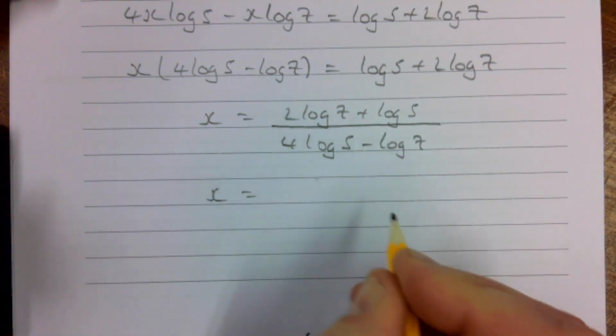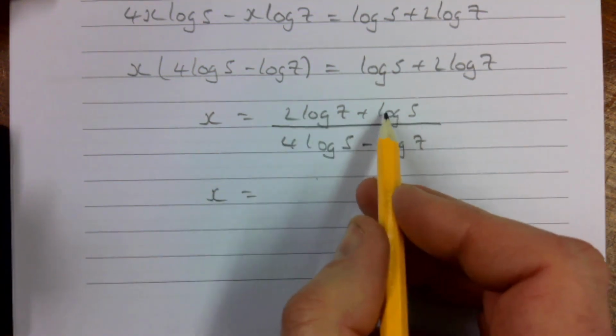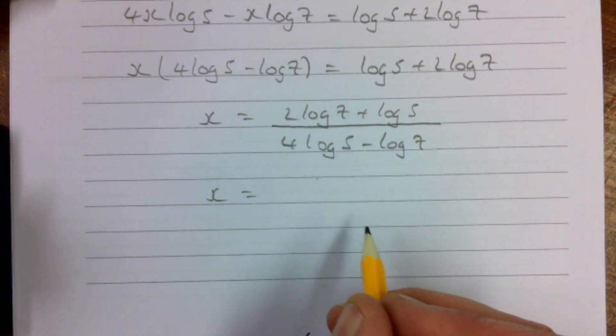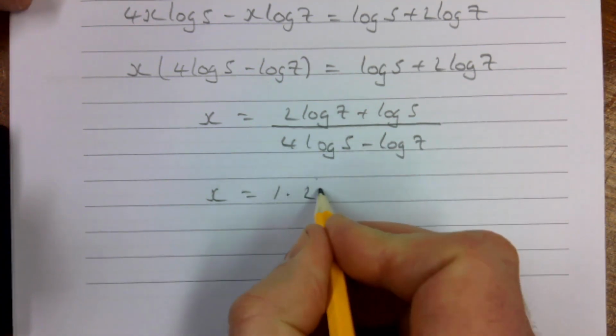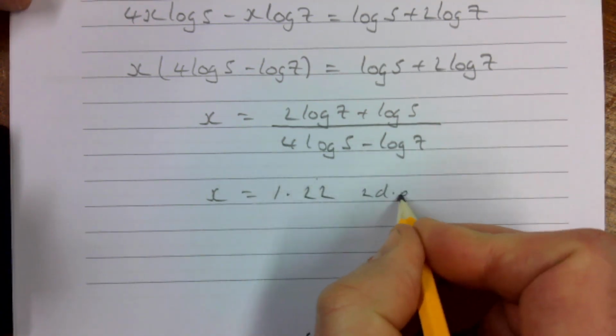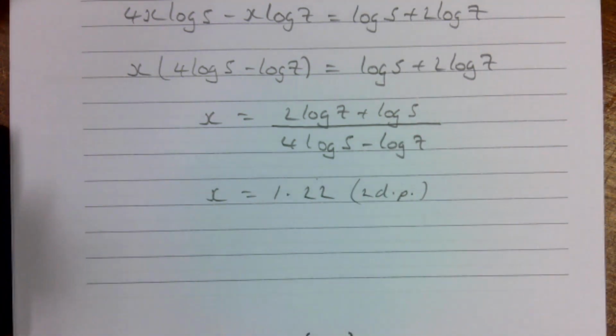And it's just a question then of putting this into your calculator. So if you want to stick on the fraction button or whatever, 2 log 7 plus log 5, put it in your calculator and you end up with 1.22. And that's that answer, to 2 decimal places.